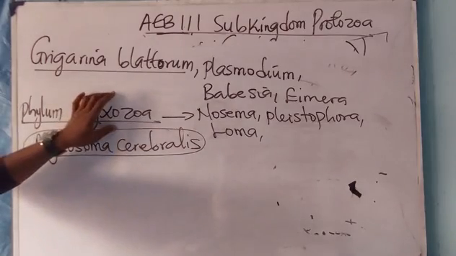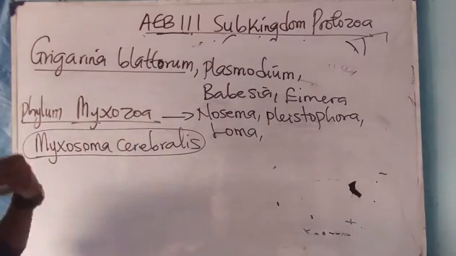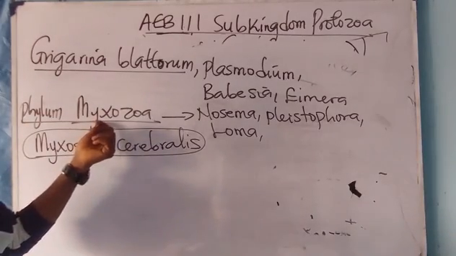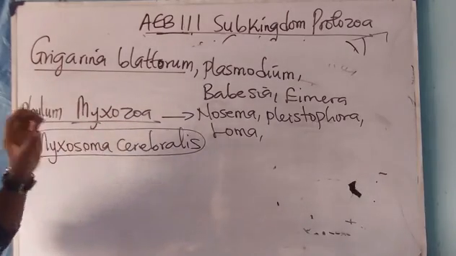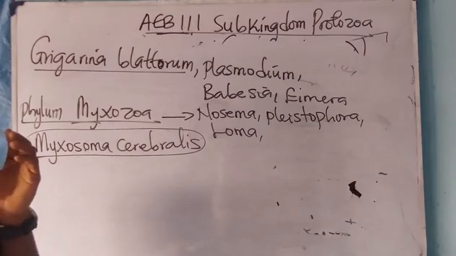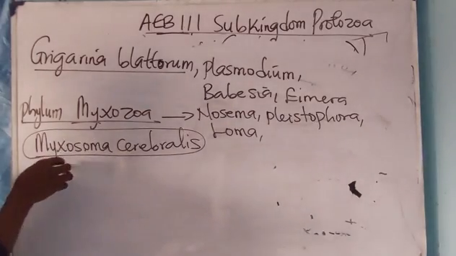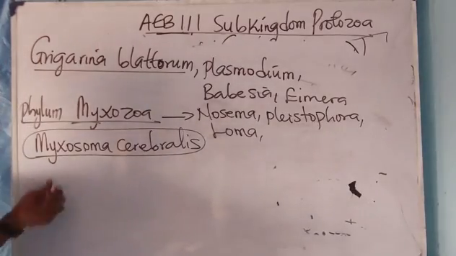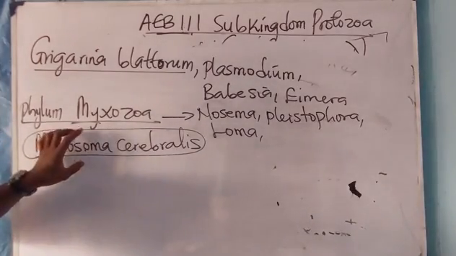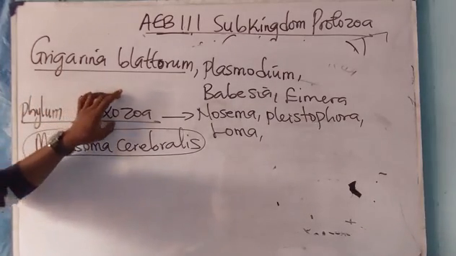The organisms under Phylum Myxozoa are found in the nervous system and auditory organ of trout and salmon. The most economically important Myxozoa is Myxosoma cerebralis. I was only generalizing it as Myxozoa.